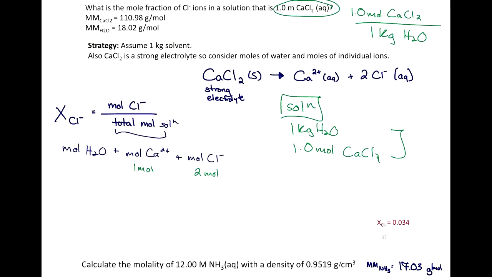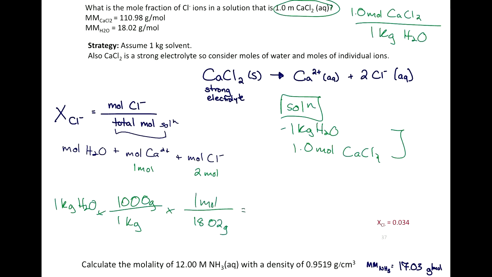And so the only thing I really need to calculate here is, okay, let's convert that kilogram amount of water into a mole amount. So 1 kilogram of water is 1,000 grams of water. Water weighs 18.02 grams per mole.